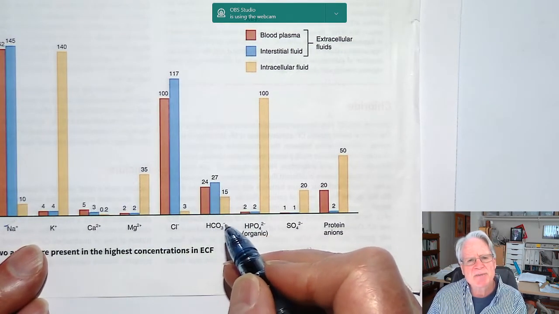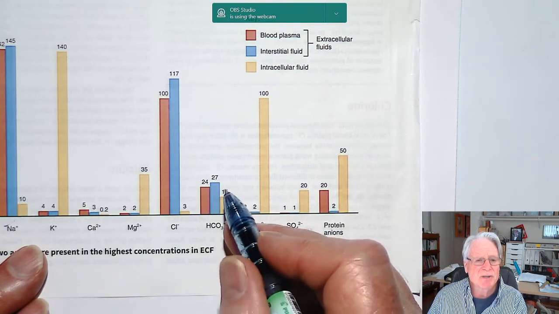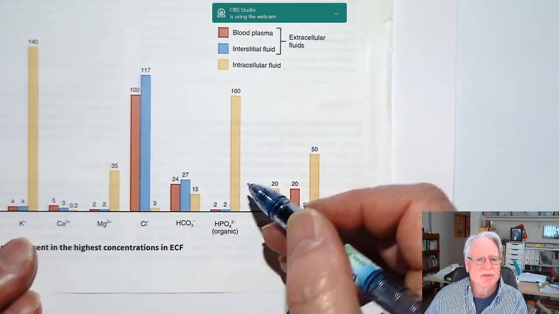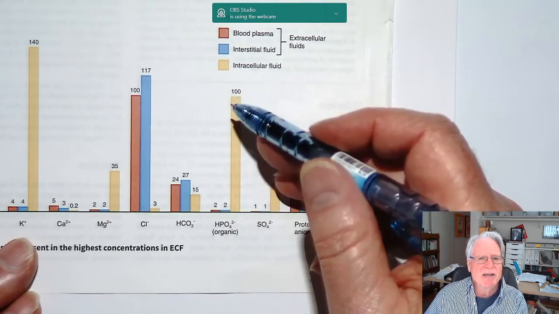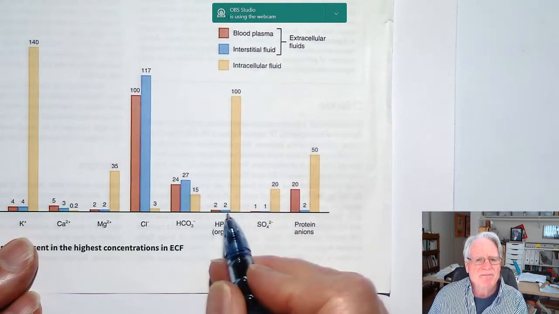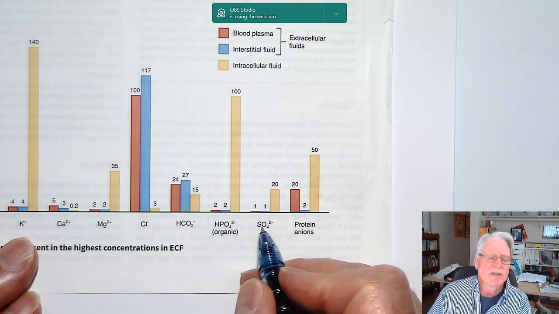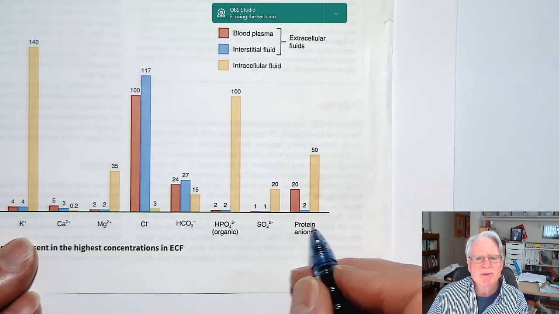This is bicarbonate. Again, there's a difference, but not as dramatic as we've seen in the past. Phosphate groups. So a tremendous amount inside the cells and very little outside the cell. Same as with the sulfide groups and the proteins.